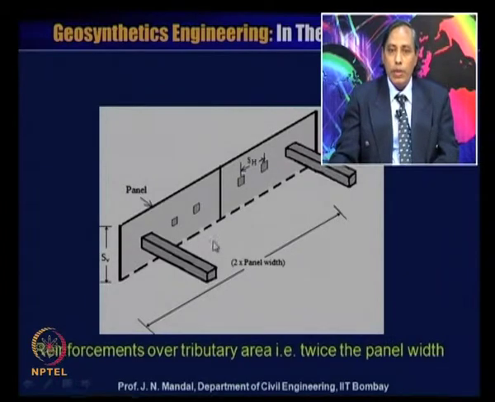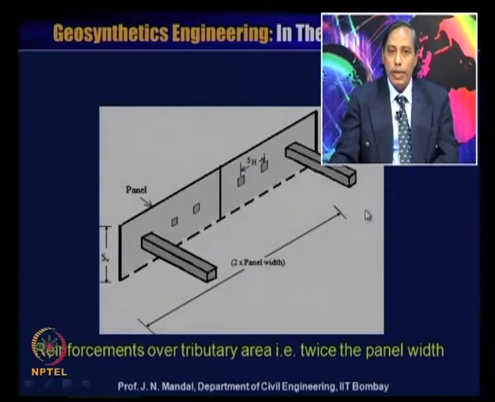Here some explanation is given for the tributary area of the reinforcement. This is the reinforcement and this is the panel. You can see this is one panel, this is half of the panel, this is the bottom of the panel. The panel length and the height is almost 1.5 meter, and this is S V, the spacing.